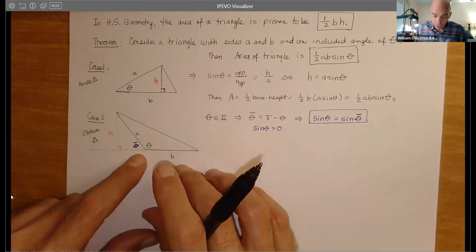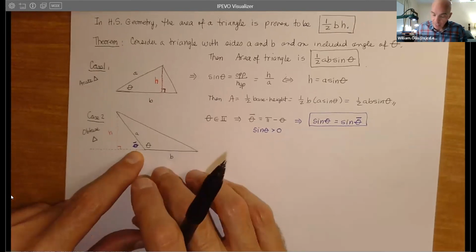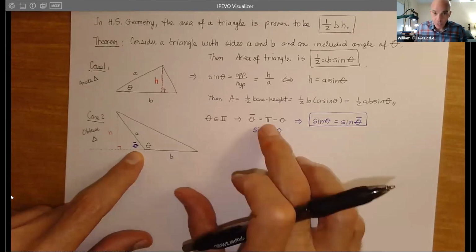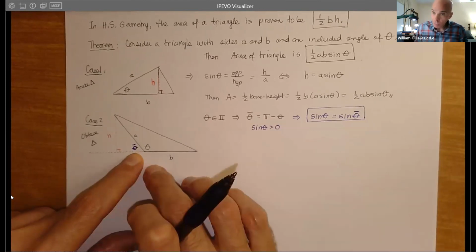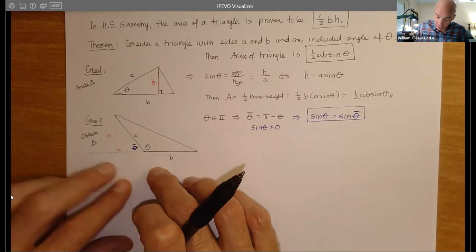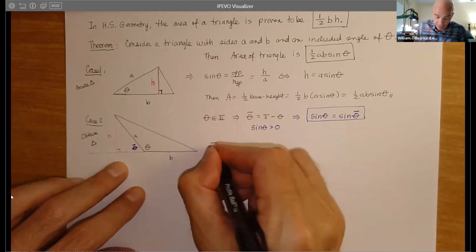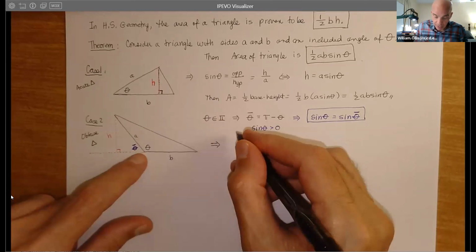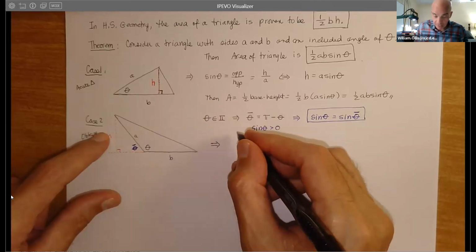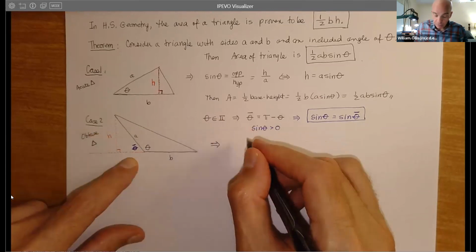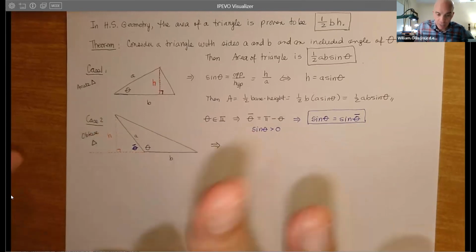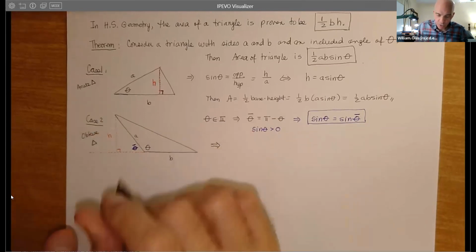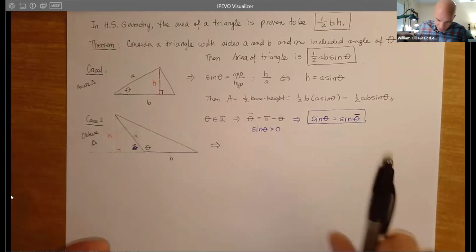So again, notice this is giving us the pi, or 180 degrees, minus theta right here, the reference angle. So now we can say sine of the reference angle is H over the hypotenuse.